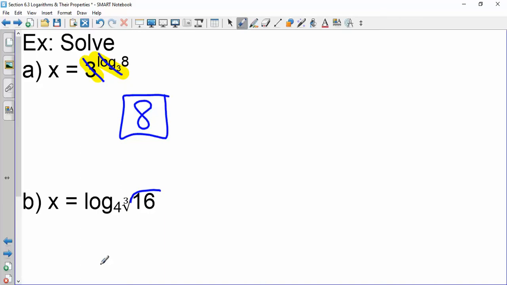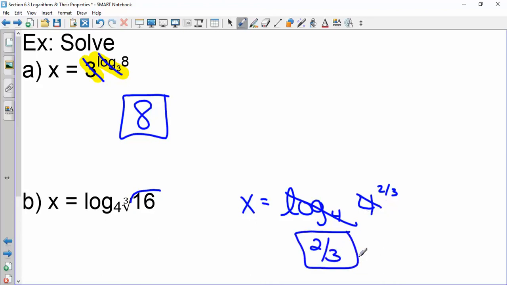You could write it as an exponential and still solve it. 4 to the x power equals this, and that still works. So if you forget the property, it's not a big deal. But what you might recognize, 16 is 4 squared. So the cube root of 16 is 4 to the 2/3 power. So what's my answer? 2/3. Again, that's not the only way to solve this problem, that's just one option.